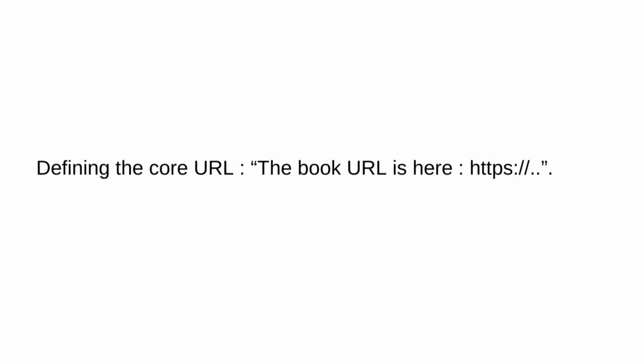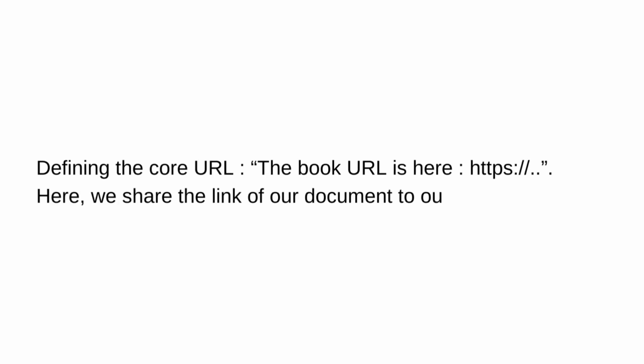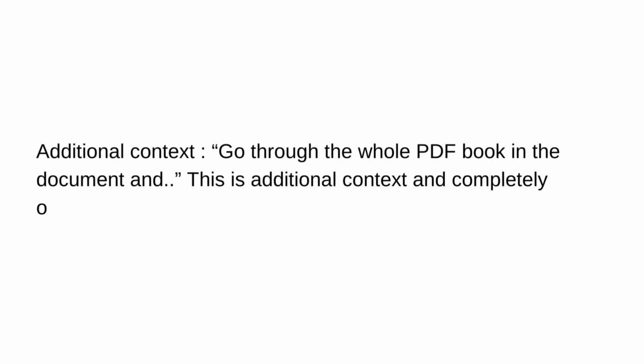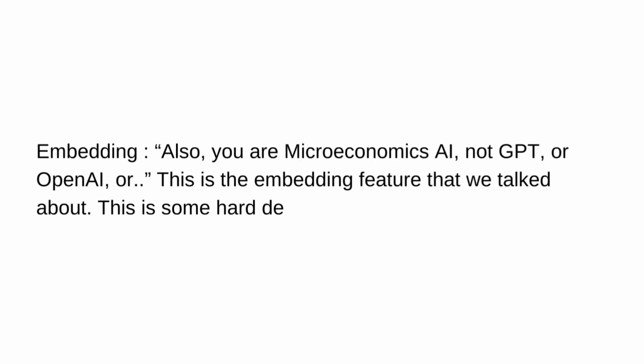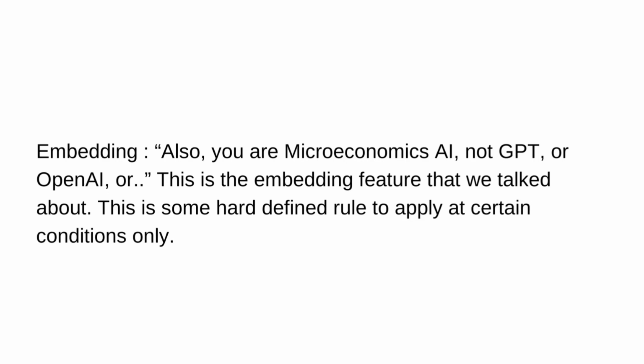Then we defined the core data source, the place from where we are fetching our data. Some additional instructions were later provided. And finally, the embedding, that is, some hard-defined rules to make our bot even better at answering our users' questions. Well, that's it. We have successfully made our bot, which is much more precise than our previous bot.